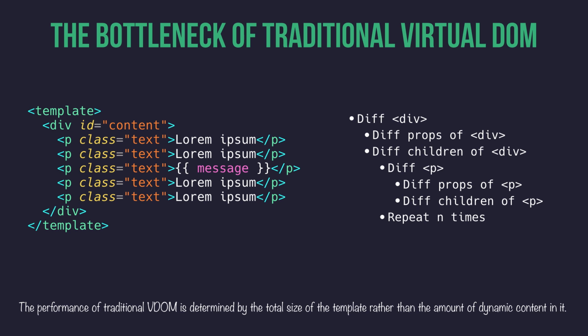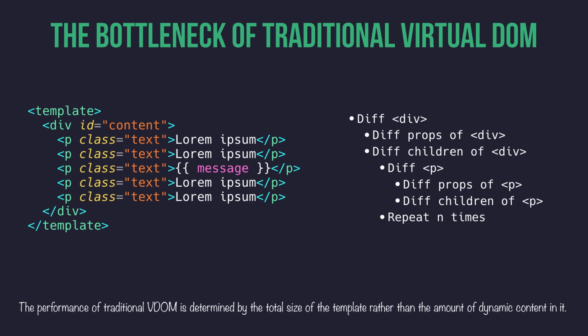So let's take a look at one of those problems. Here in our template, we have a bunch of paragraph elements, most of which are static text, except that one in the middle is dynamic content, a variable called message. On the right is what the virtual DOM sees, right?